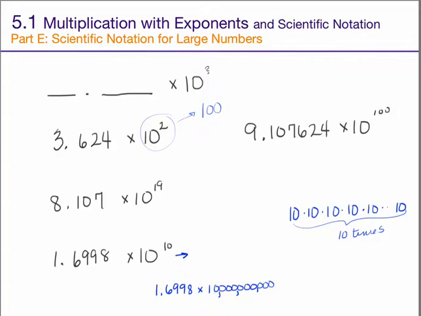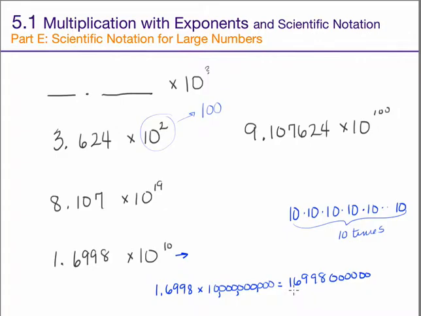When I do this, either on paper or on my calculator, the result will be 16998 followed by 6 zeros.